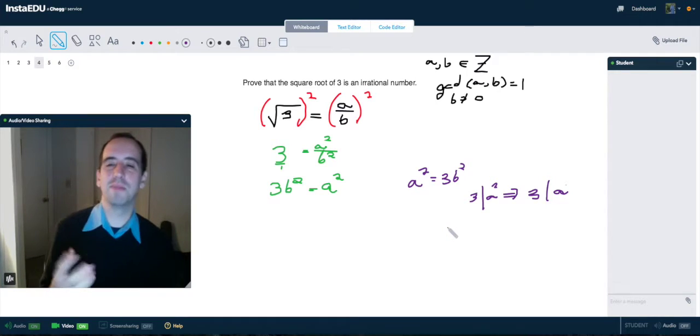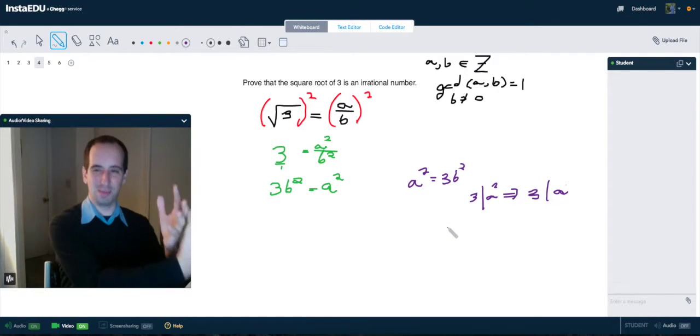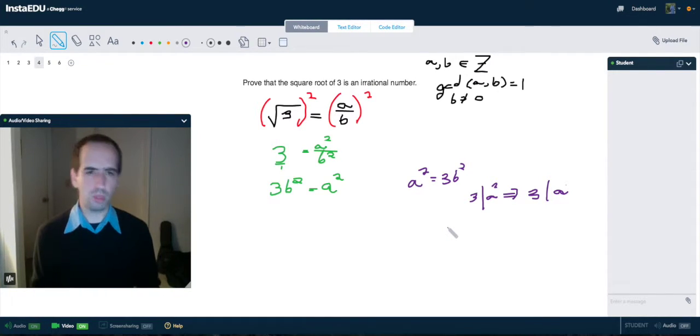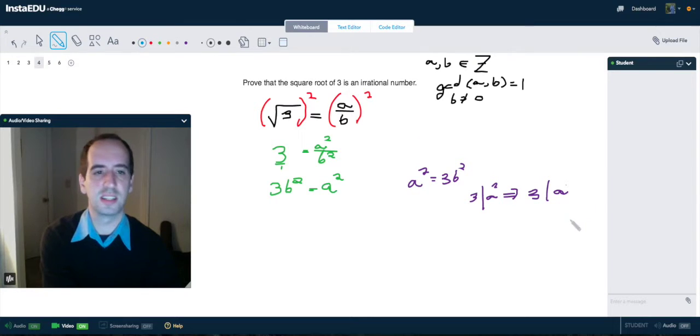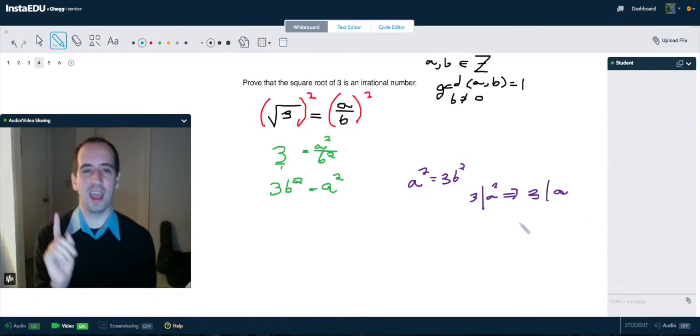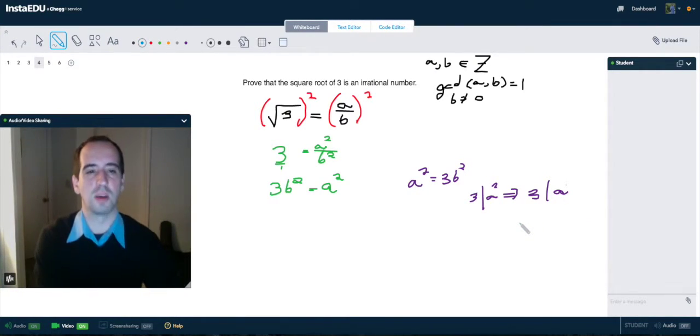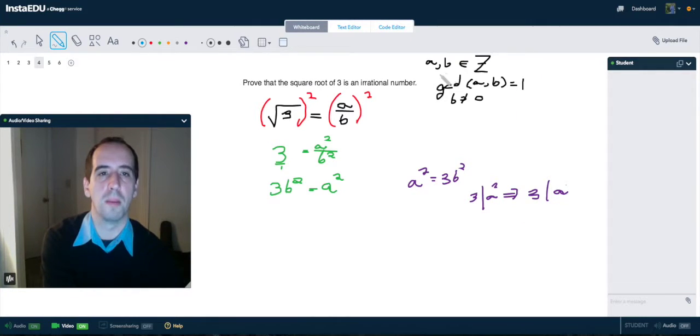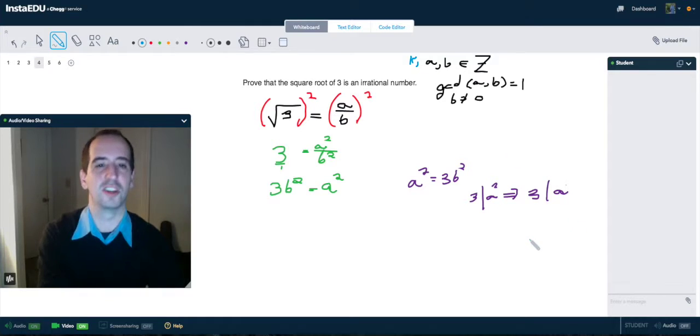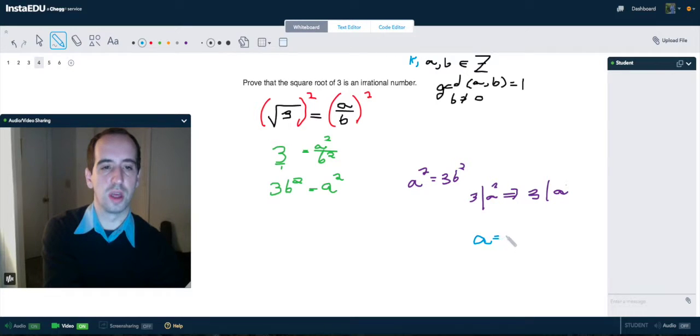Or a can be expressed as 3 times some other number. Let's call that number k. So k, like a and b, is going to be an integer. All right, so let's write it: a equals 3 times k.